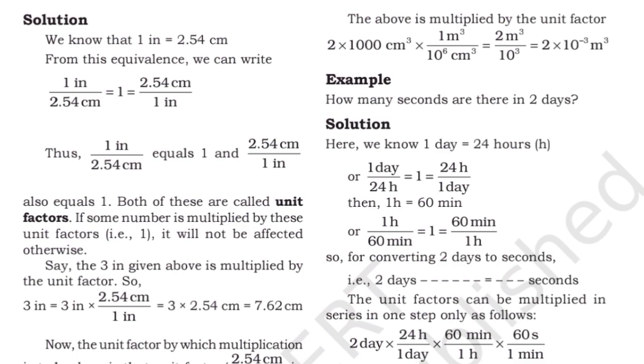If some number is multiplied by these unit factors, that is 1, it will not be affected otherwise. Say the 3 inch given above is multiplied by the unit factor. So 3 inch is equal to 3 × 2.54 centimeter / inch, which is equal to 3 × 2.54 centimeter, which is equal to 7.62 centimeters.